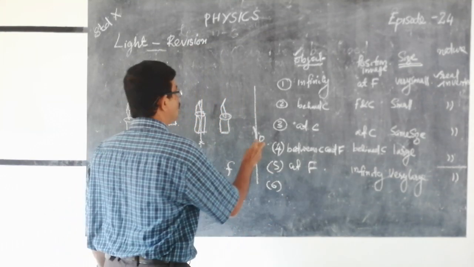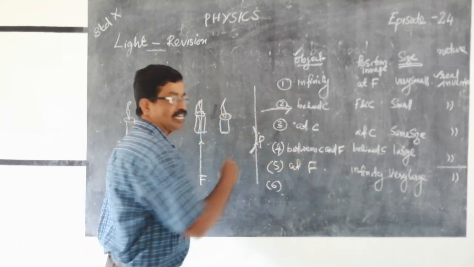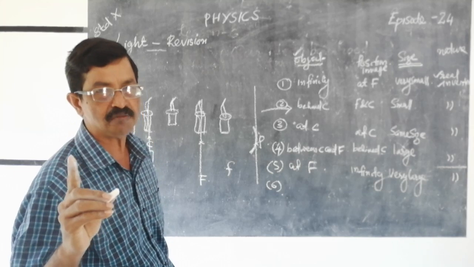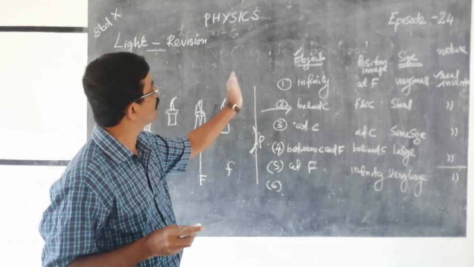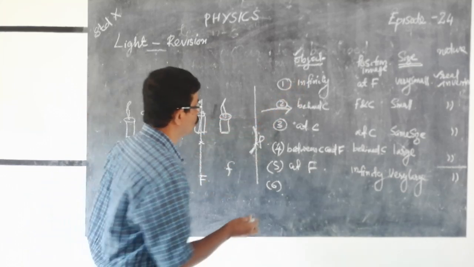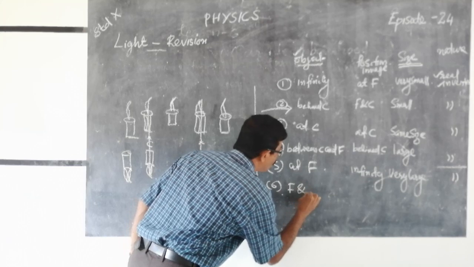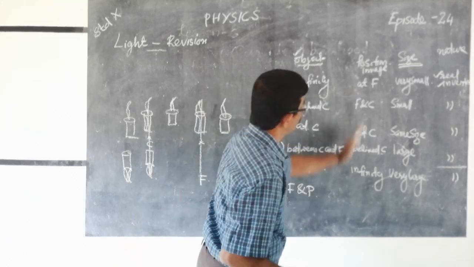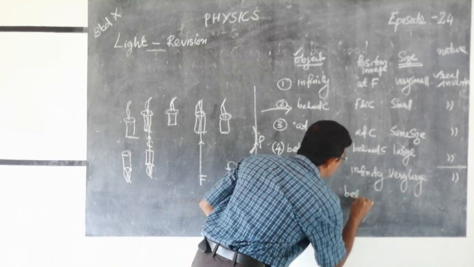That means the image is formed behind the mirror, so we cannot actually get it on the screen, but we can see that image, and its position is behind the mirror.